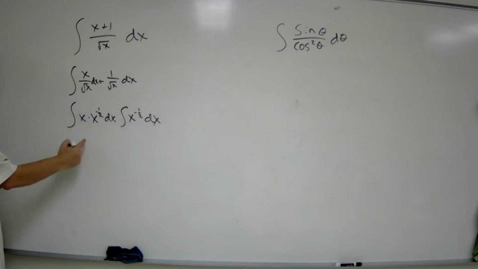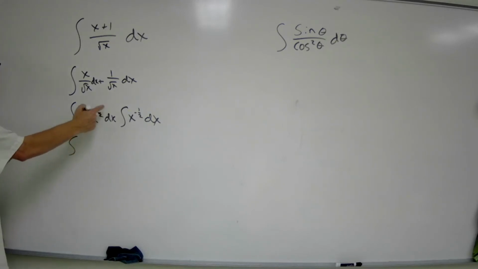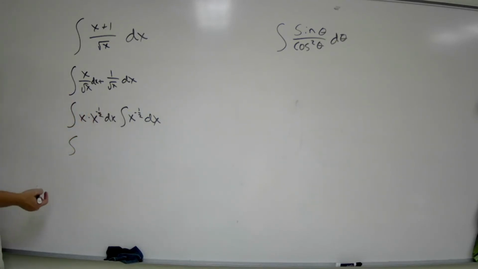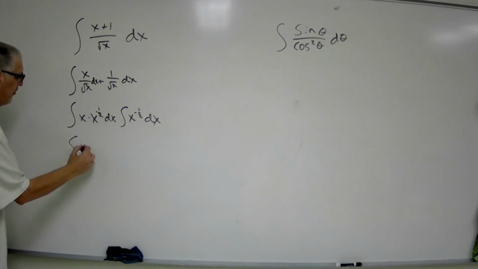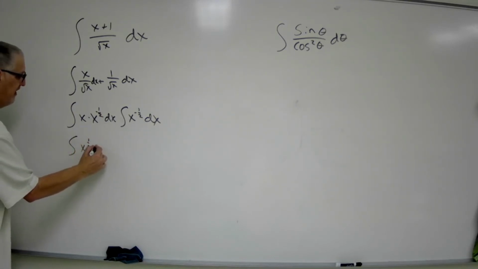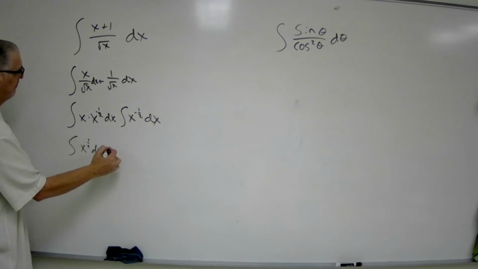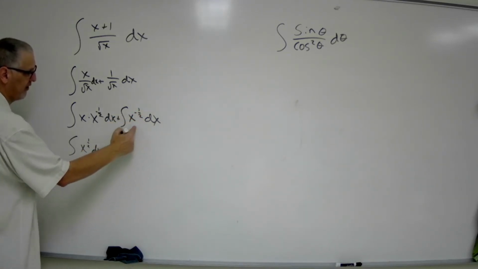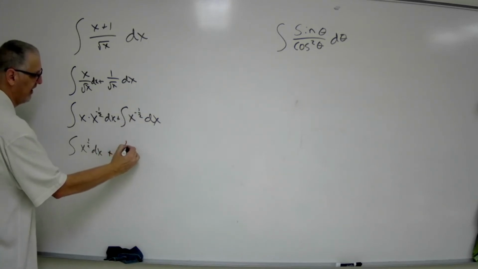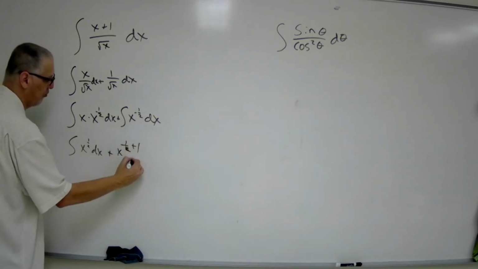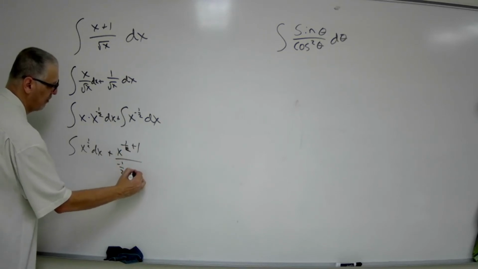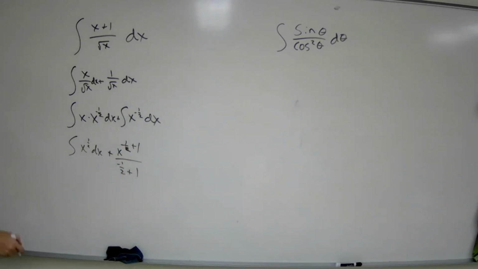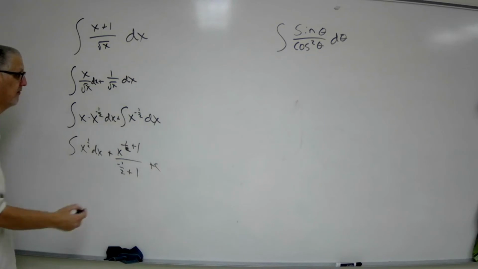Same bases, you add your exponents, so it's 1 plus negative 1/2, so x to the 1/2 dx plus, what is the integral of this? X to the negative 1/2 plus 1 over negative 1/2 plus 1. I'm going to put my plus c on there.